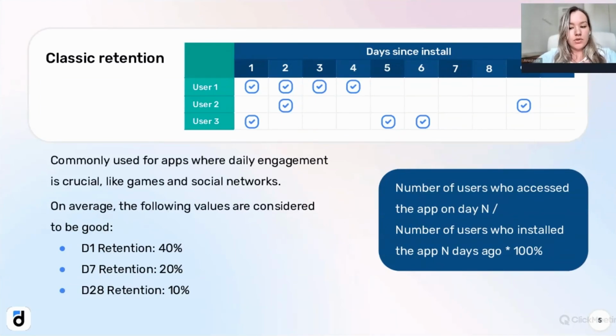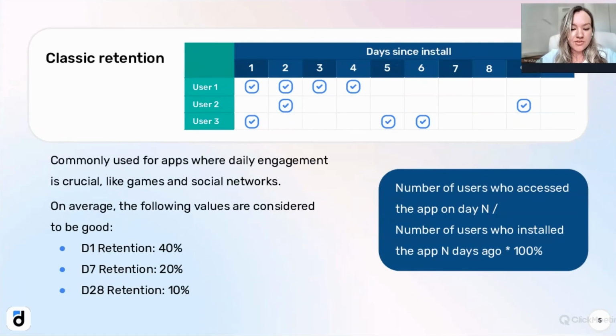For example, on average, a 40% retention rate for day 1 and 20% retention rate for day 7 is considered good, but it's crucial to consider different gaming genres or types of apps, as retention varies widely from country to country and even from platform to platform. So we recommend examining retention for your specific app type and breaking it down by countries.